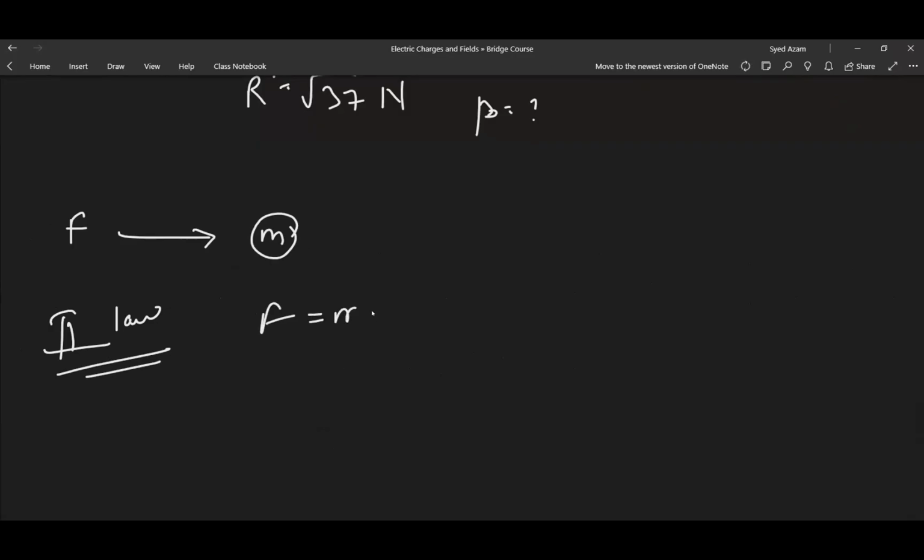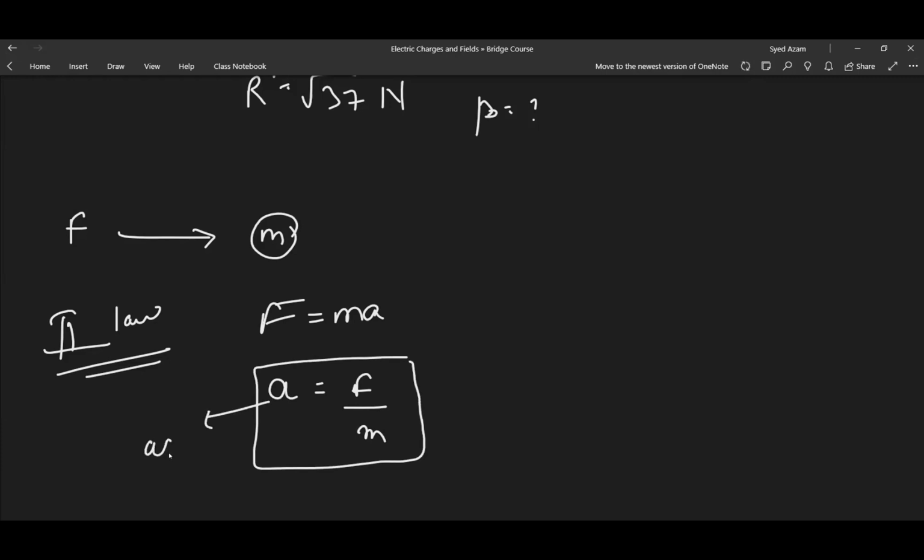F is equal to ma. So from here, the acceleration is equal to the force by mass. This is the acceleration, this is the force, and this is the mass.